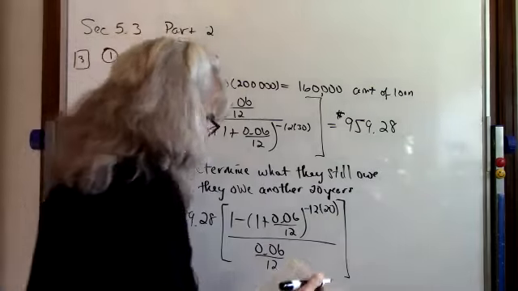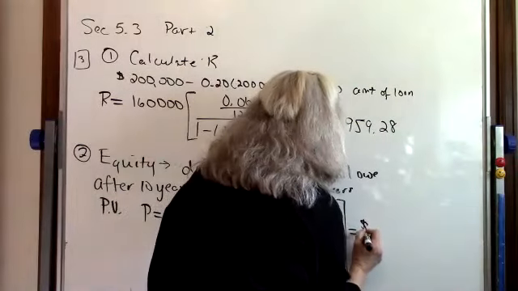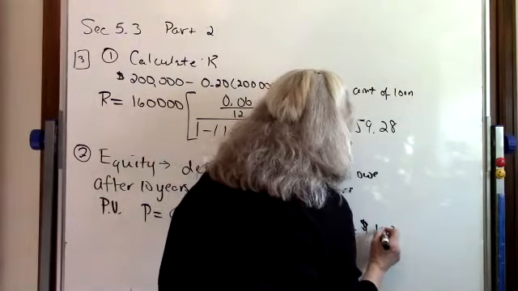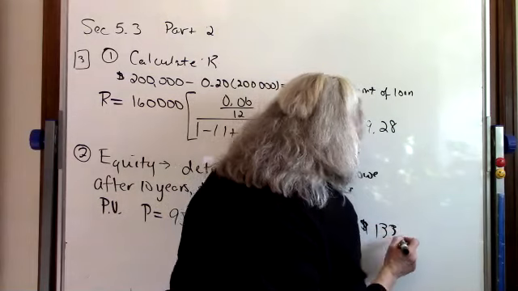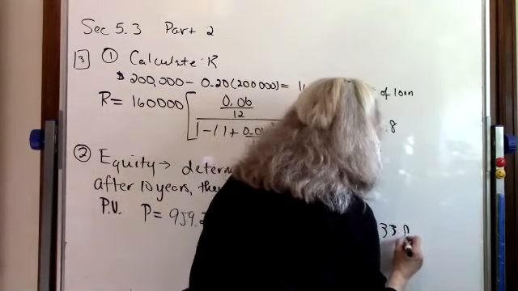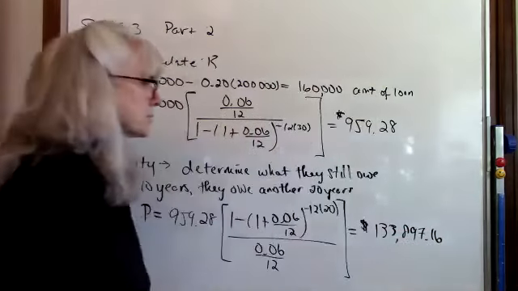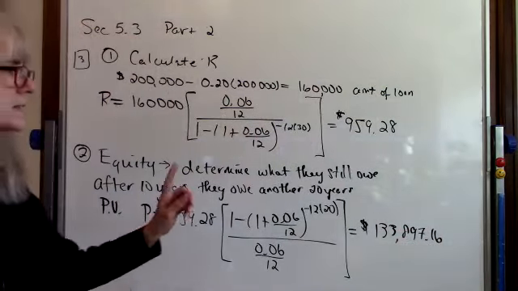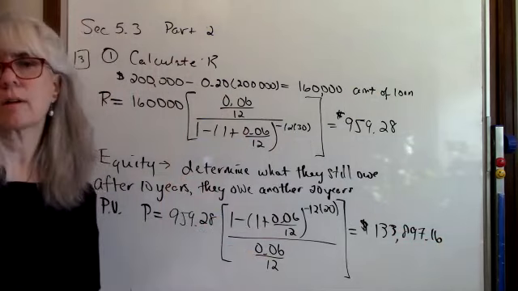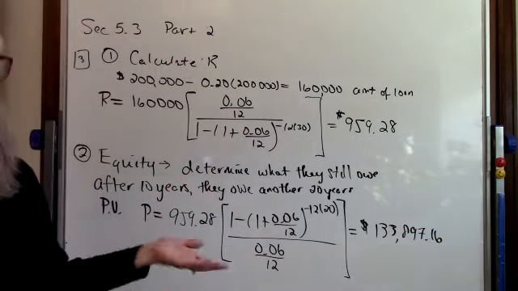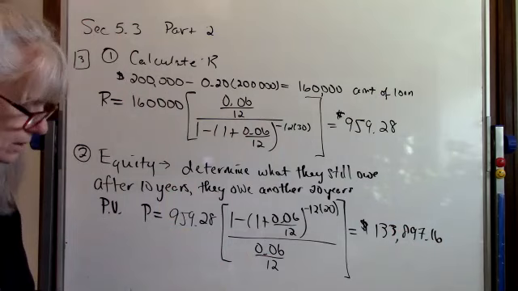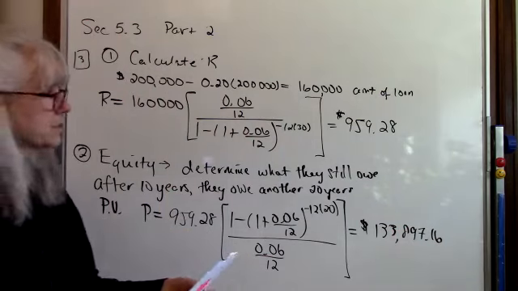And if you do that, you end up with them still owing $133,897.16. So after living in the house for 10 years, they still owe $133,897.16. But the problem tells us that the house is now worth $350,000.